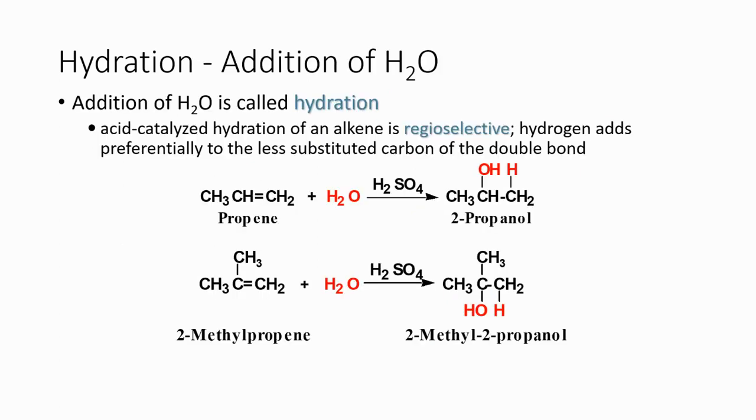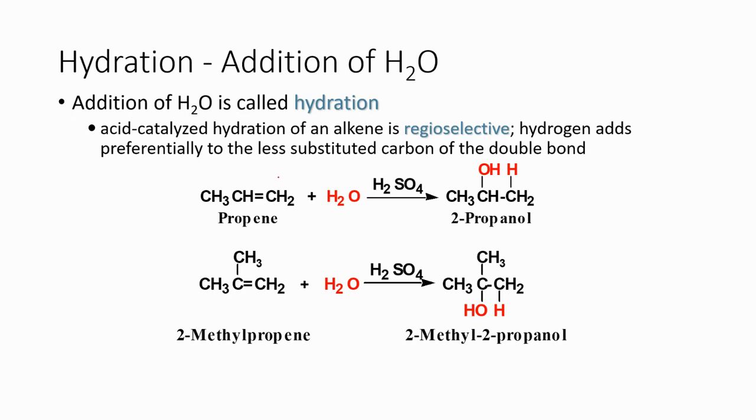So next we'll look at hydration, addition of water across the double bond. It's acid catalyzed, so we usually use sulfuric acid, for example. And again, this one's going to be regioselective. Hydrogen is going to prefer the less substituted carbon. Hydrogen is going to prefer to add to the side that already has more hydrogens.